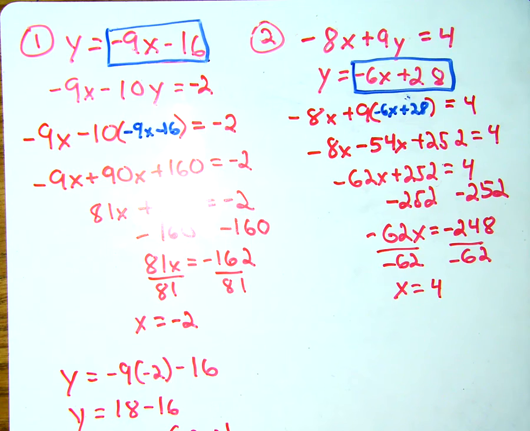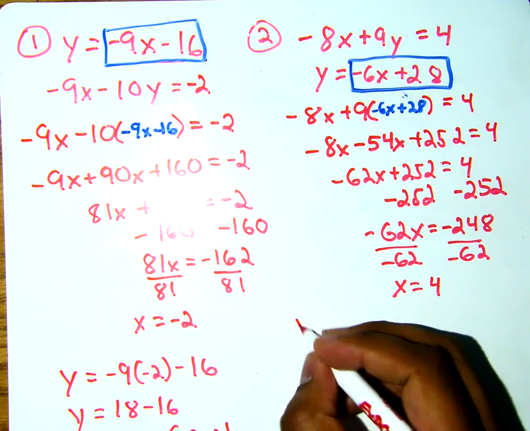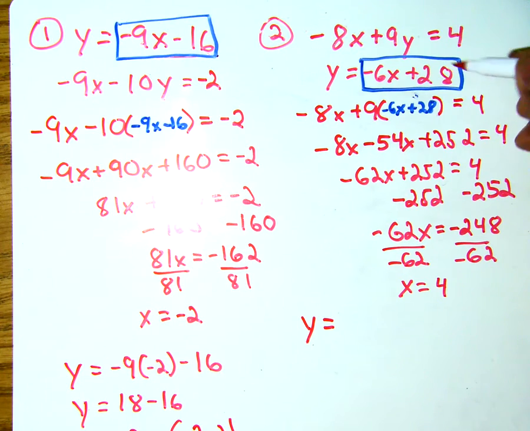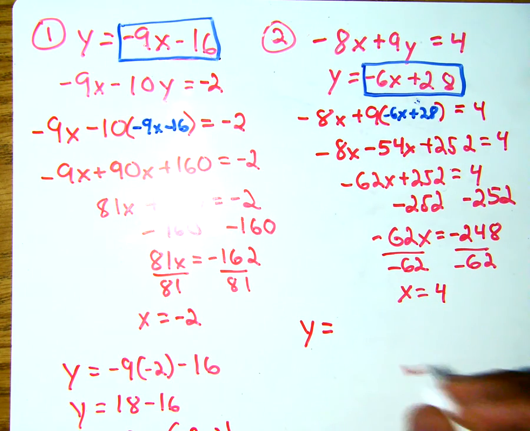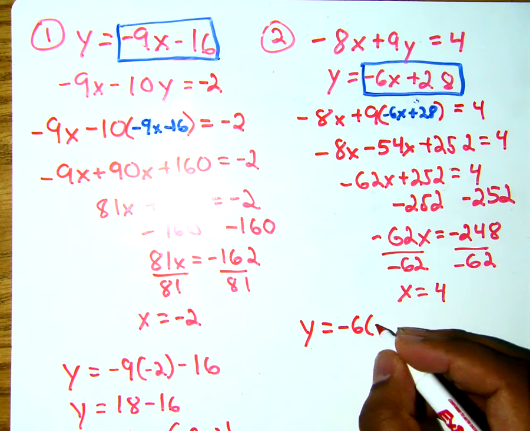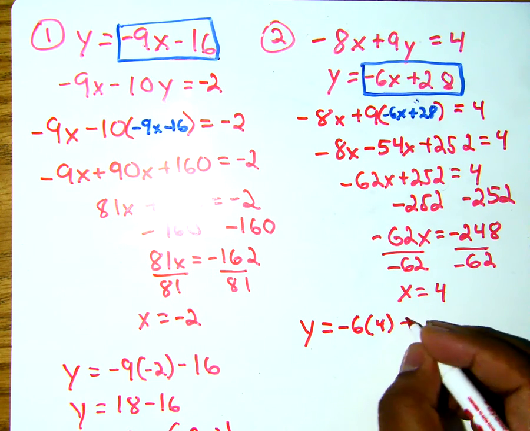Okay. Now that I have that set up, I'm going to go ahead and take my 4 and plug it back into my equation. So going back up here to my original equation, y, and I want to use this one with the y's already equal because it's easier to work with. So now I have negative 6 times our positive 4 plus 28.